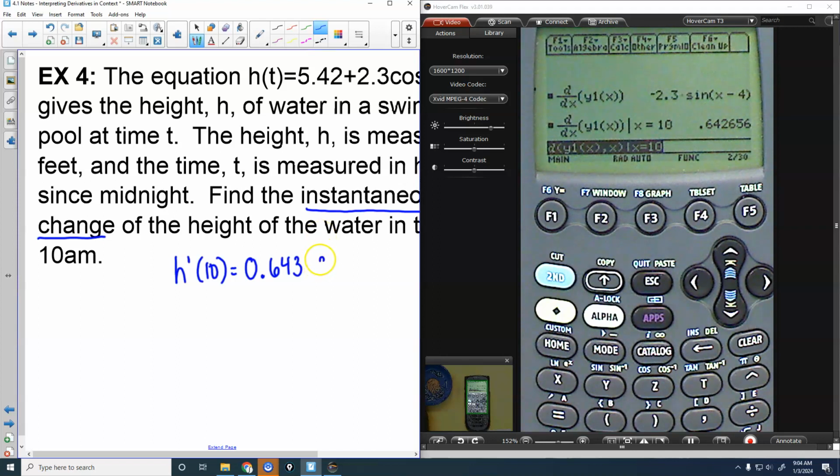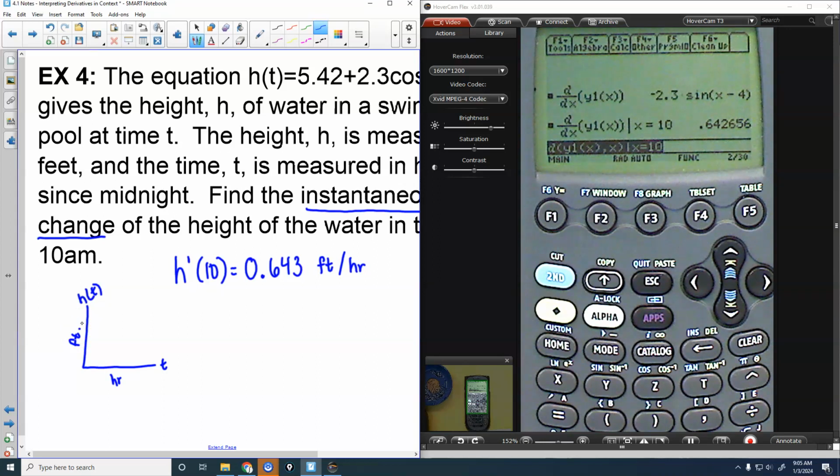Feet per hour. Because your original T and H of T, here T is hours and H of T is feet. So it'd be feet per hour would be your derivative.